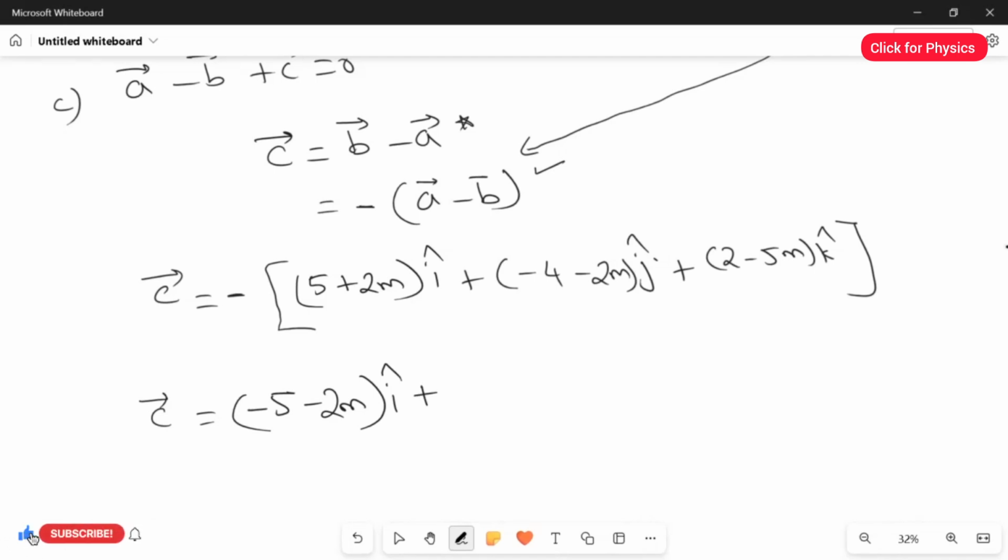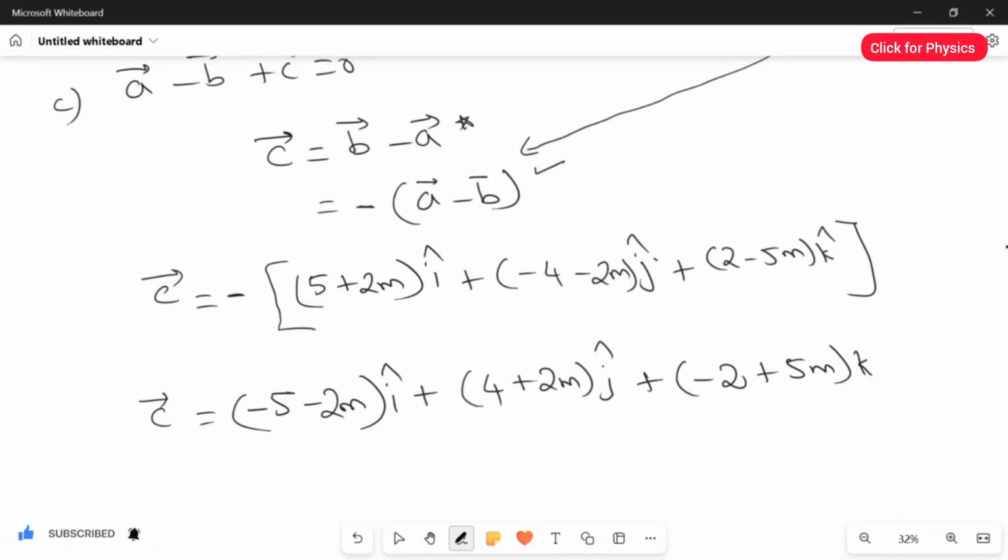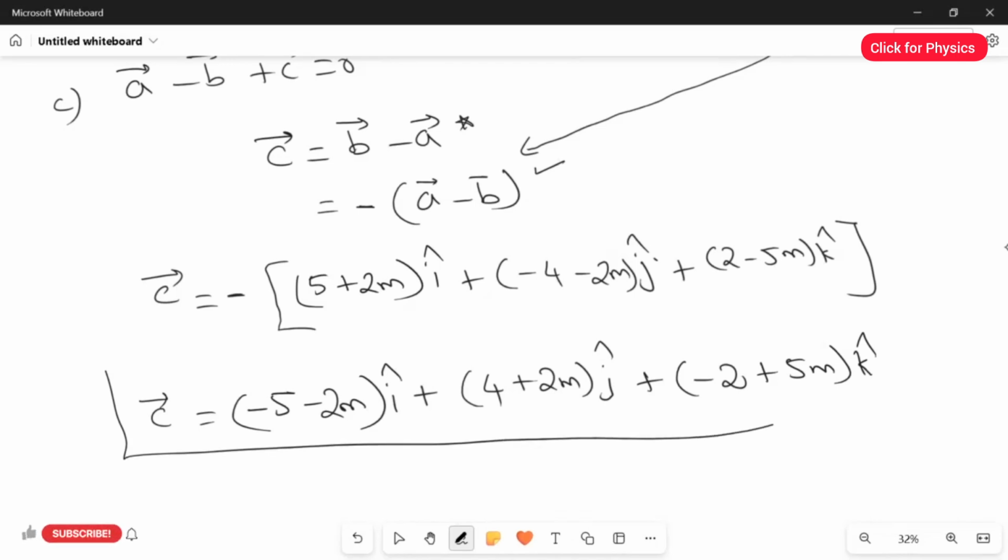So minus into minus 4, you will get plus 4, and minus into minus 2m becomes plus 2m j cap, right? Likewise, you have to multiply this minus in the third small bracket. So minus into plus, you'll get minus 2, and then minus into minus 5m, you'll get plus 5m, and this is your k cap vector. This is the answer for your third question.